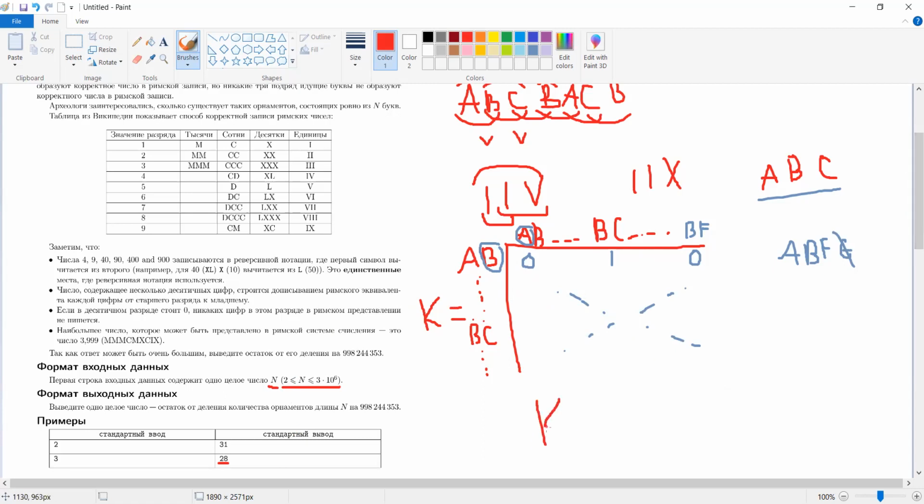So we just use our matrix K and raise it to the power n minus 2. So for n equals 3, we have 3 minus 2 is 1. It will be just K. For n equals 4, we have 4 minus 2 is 2. So we need to find K squared.